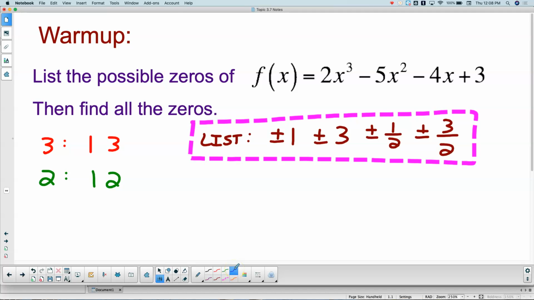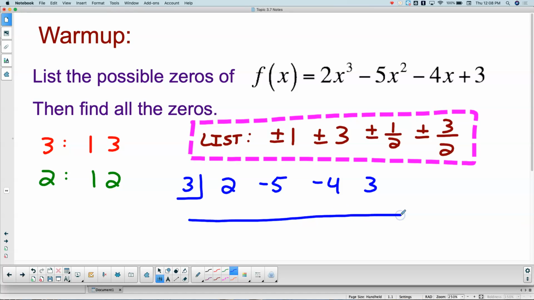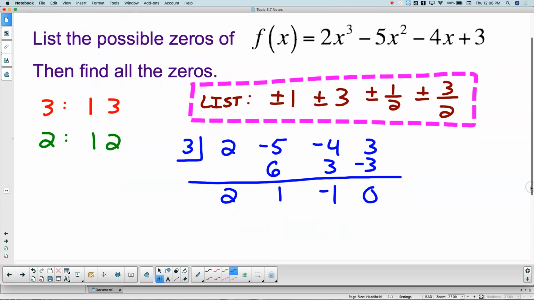So if we go 3, then that's going to be 2, -5, -4, and 3. 2, 6, 1, 3, -1, -3, 0. Okay? So I can factor this now. F of x now factors to be what?